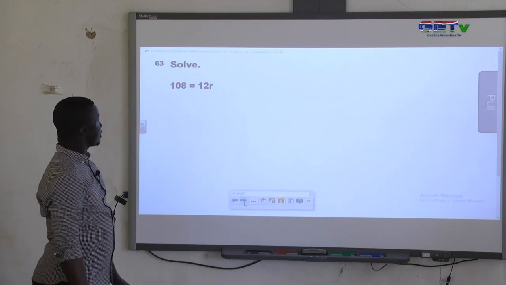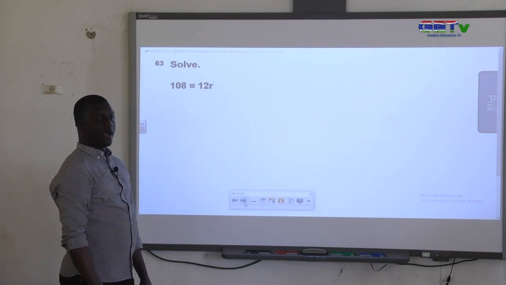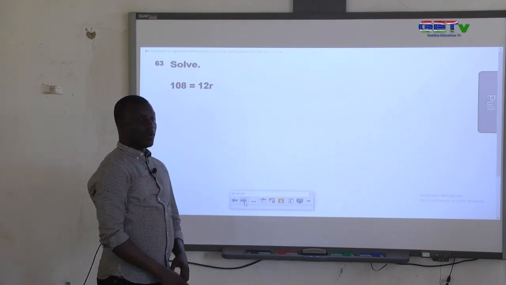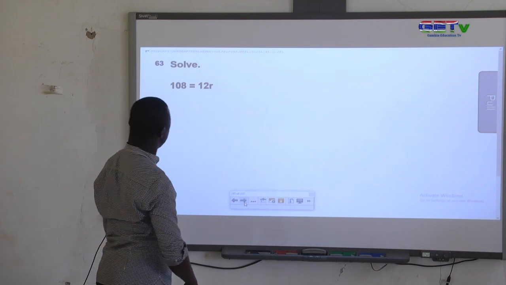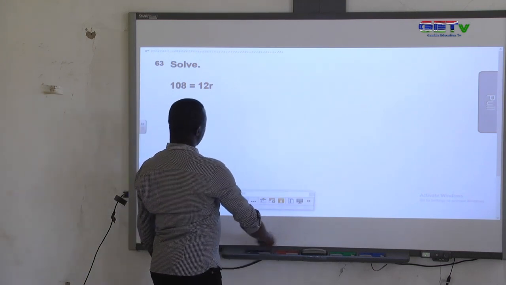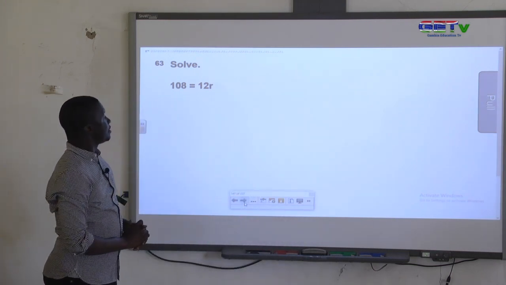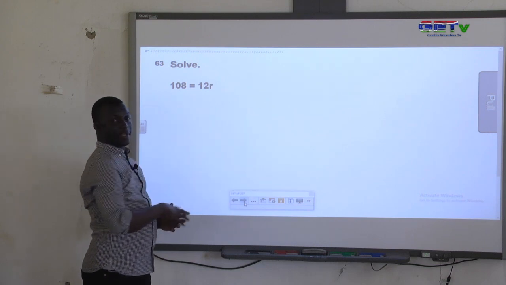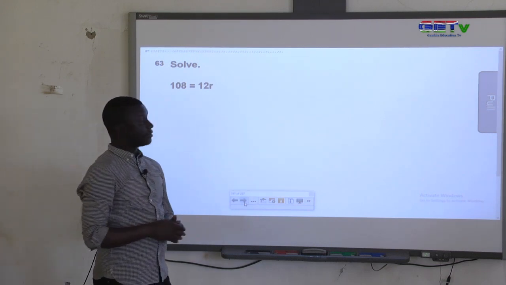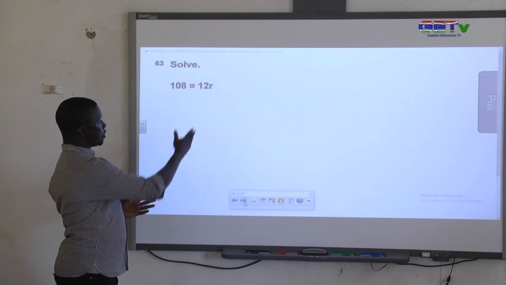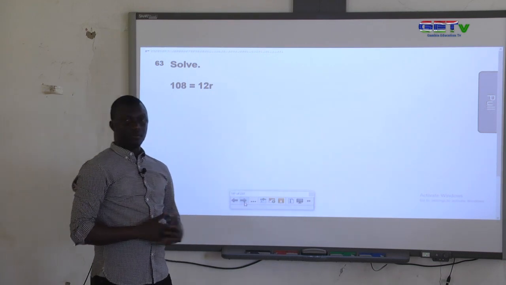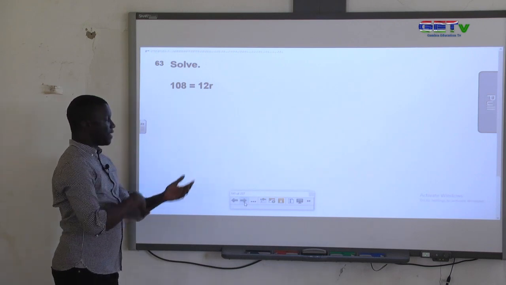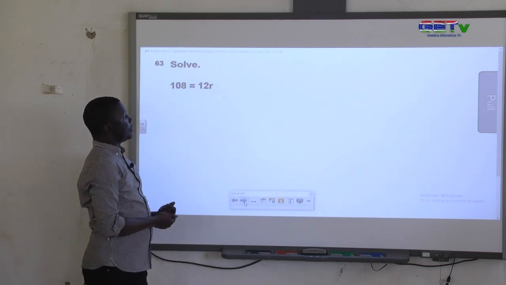Solve 108 equals 12r. We did something very similar to this. 12r means 12 times r. So the operation here at hand is a multiplication, and the inverse of multiplication is division.